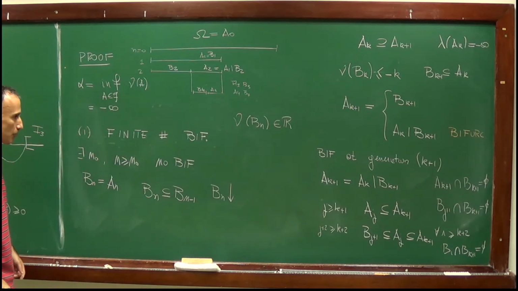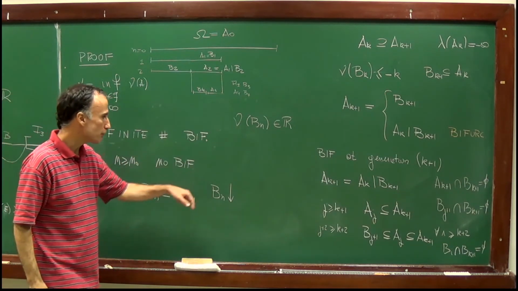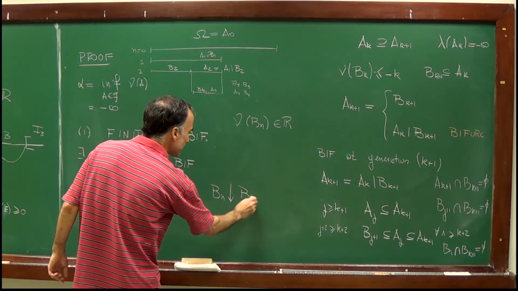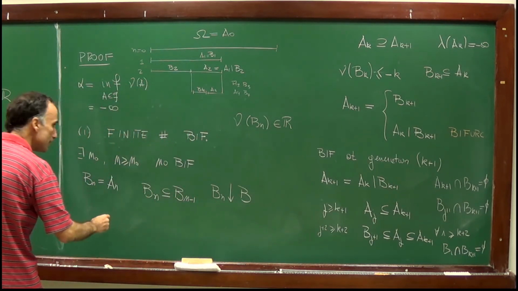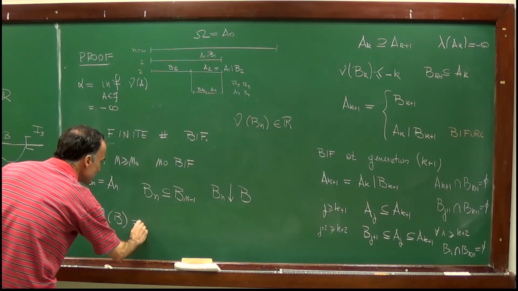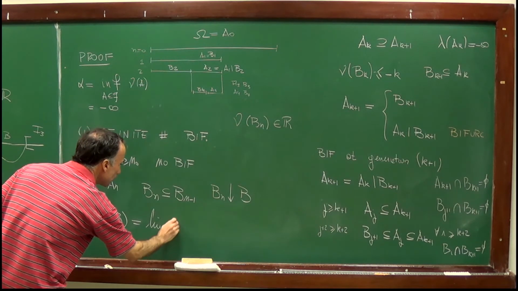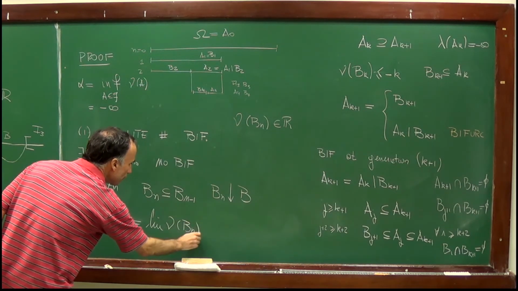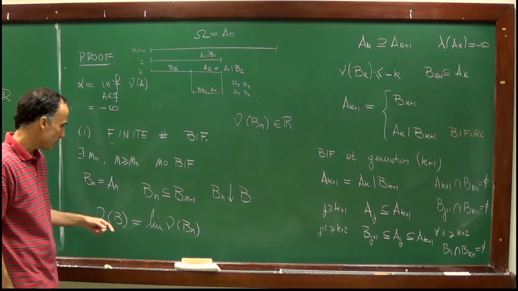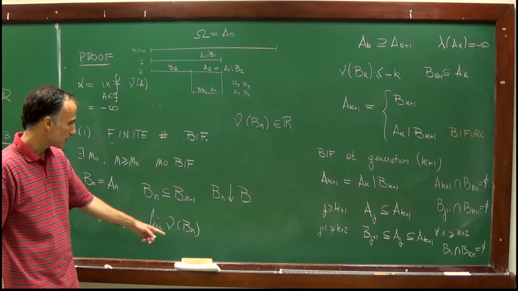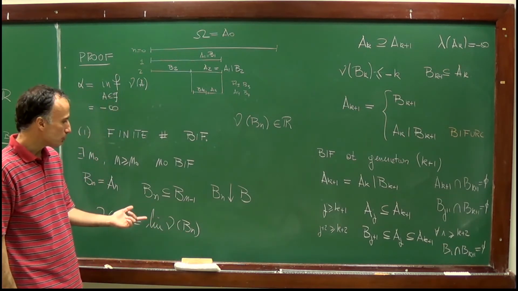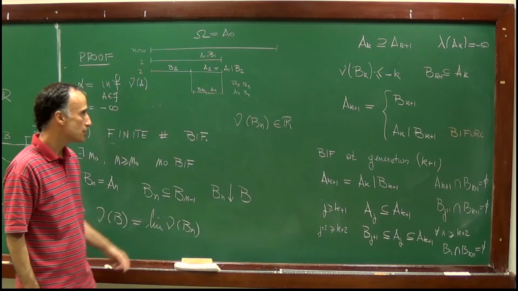Therefore, we can apply the continuity from above. Let me call B the intersection of the Bn's, and by the continuity from above that I proved, nu of B is the limit of nu of Bn. Remember that to use the continuity from above, I must be sure that there exists one set whose measure is not equal to plus infinity, but in fact this is true for all n.